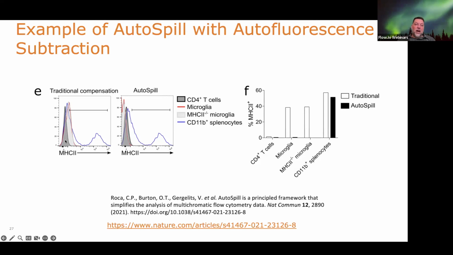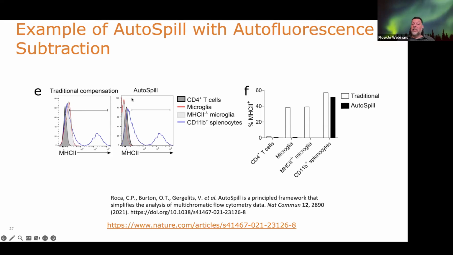It's higher MFI than the CD4 T cells, which don't have any MHC2 or any other knockout. So they've got knockout animals, and they're comparing it to splenocytes with lots of MHC2, right? And if you were to draw a gate based on your FMO on the splenocytes and compare all of these other tissues and conditions, you might overestimate or cut into the microglia population, which really shouldn't have any MHC2 on it.